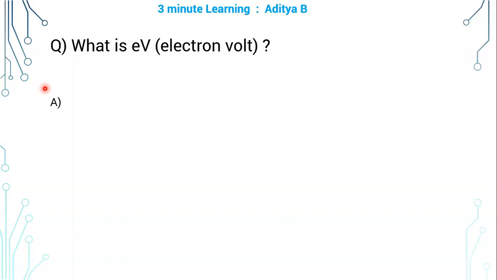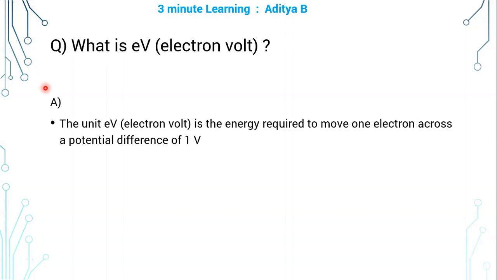What is electron volt? The unit electron volt (eV) is the energy required to move one electron across a potential difference of 1 volt. The amount of energy required to move one electron through a distance of 1 volt potential is called an electron volt.